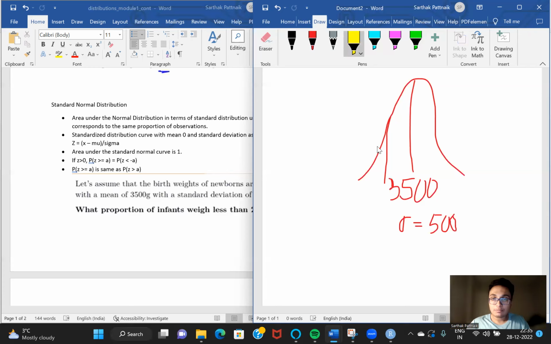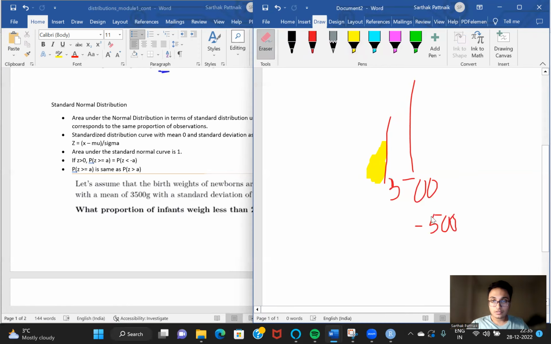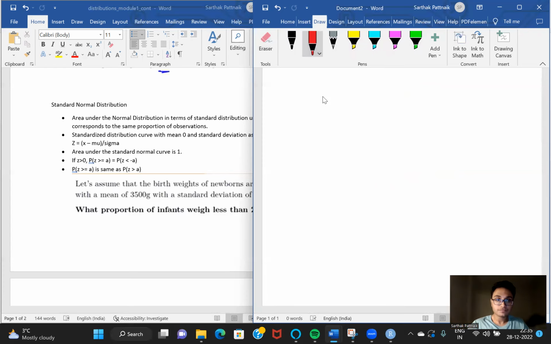So changing my marker, this area is something that we need to find. Now I'm shifting this curve from normal distribution to standard normal distribution. For that, I need to calculate the Z value for X equal to 2800.